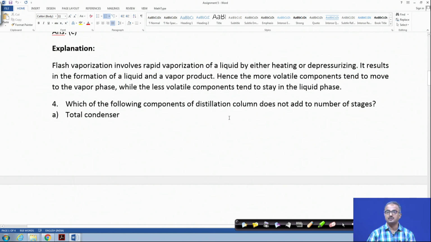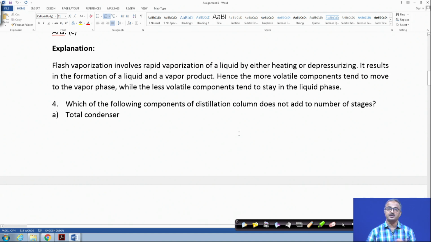Next, the question was on the distillation column: how to count the number of stages when there is a partial reboiler or partial condenser, or total reboiler, total condenser. In this case also, please understand that a partial reboiler or partial condenser causes partial vaporization or liquefaction of the liquid or the vapor, as the case may be.